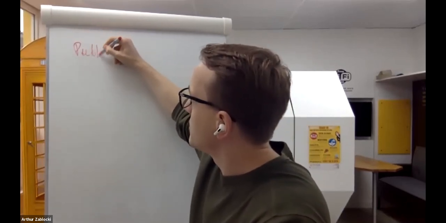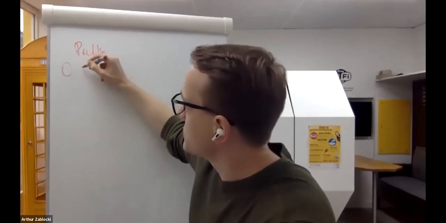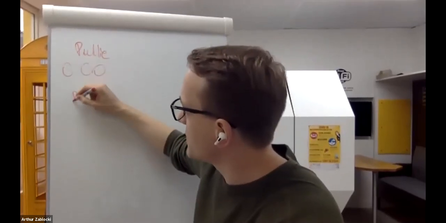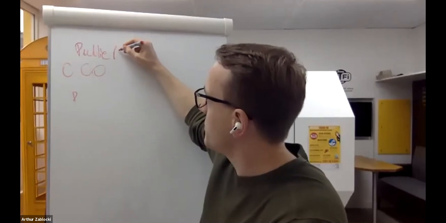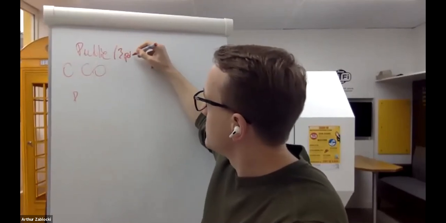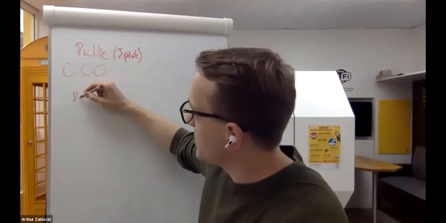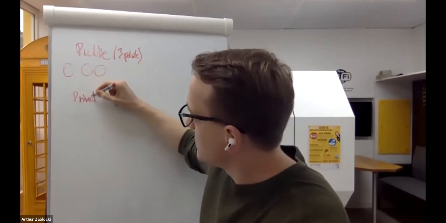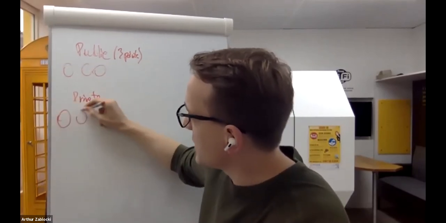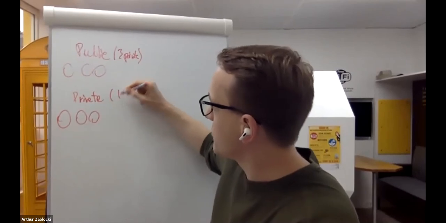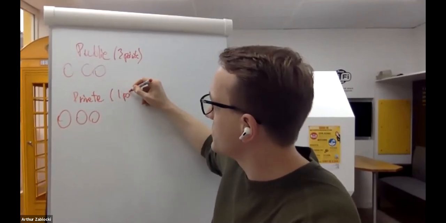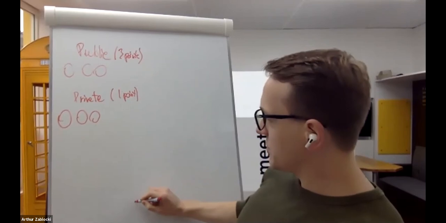So public, and you've got these 3 empty dots, and you've got private. That's 3 points. And that's going to be private, and that's again 3. And once you have all 3, then you're going to have 1 point, and that's going to be the pool.